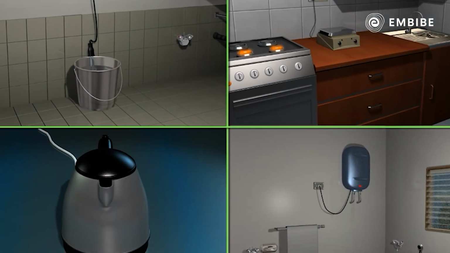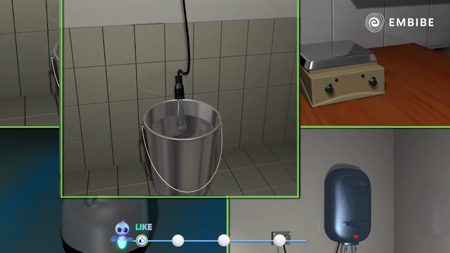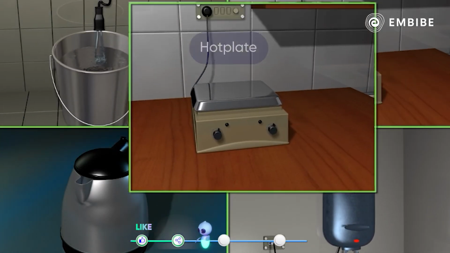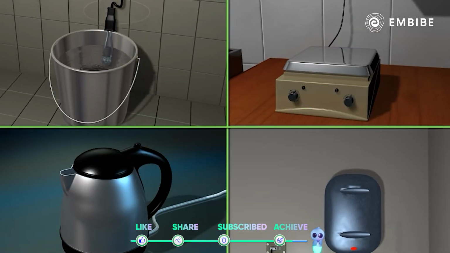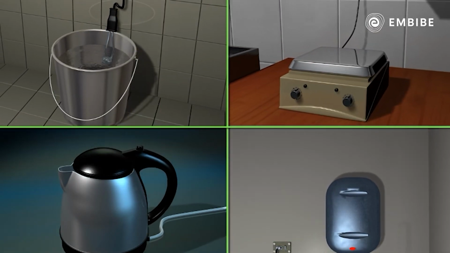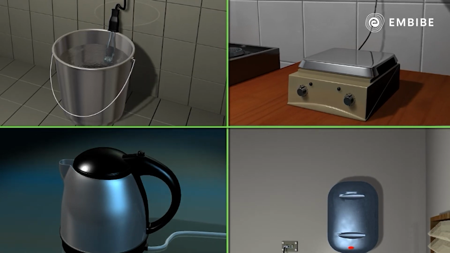Some examples of the devices which convert electrical energy into heat energy are immersion heaters, hot plates, electric kettles, geysers, etc. All these appliances consist of an element in them which gets heated due to the current flowing through them.